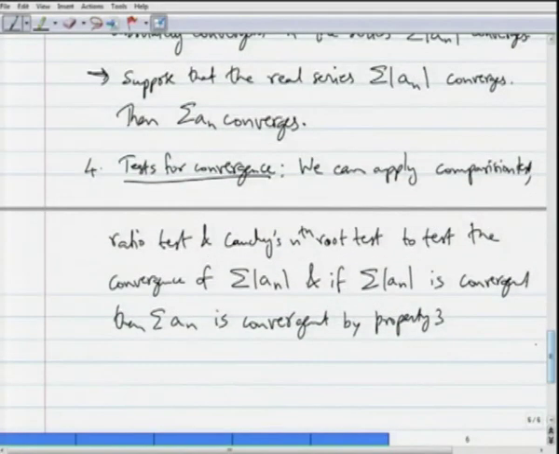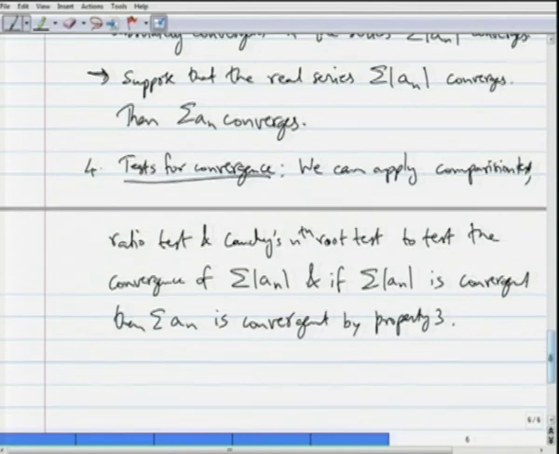Okay. So, since sigma absolute a_n is a real series, we can use the usual comparison test, ratio test and the nth root test, and then accordingly we can conclude if sigma a_n is convergent. Okay.